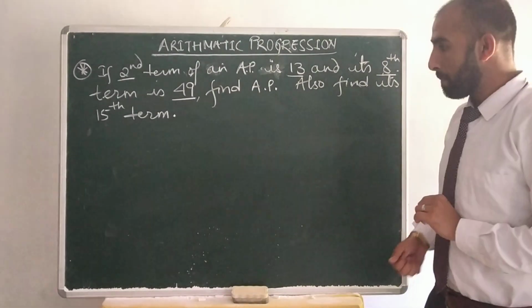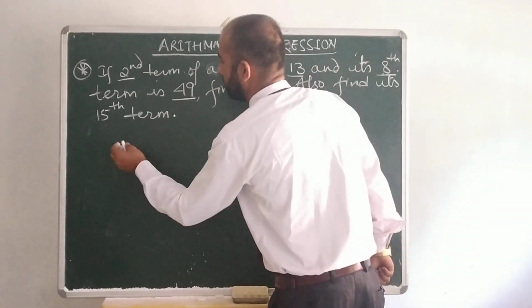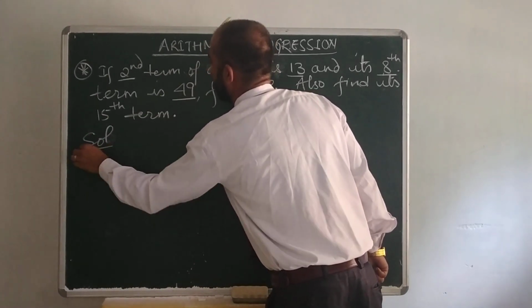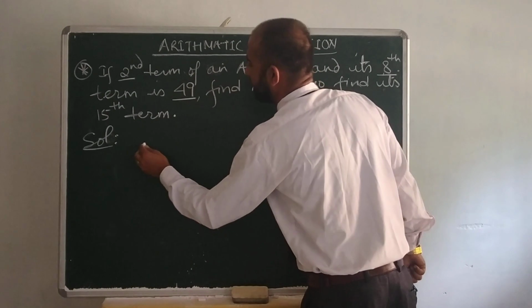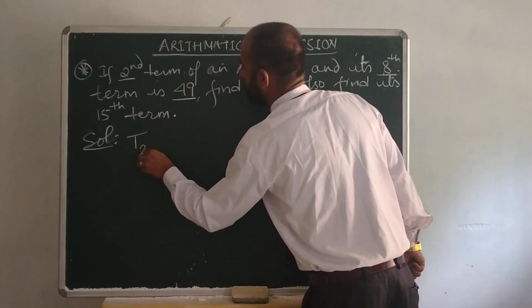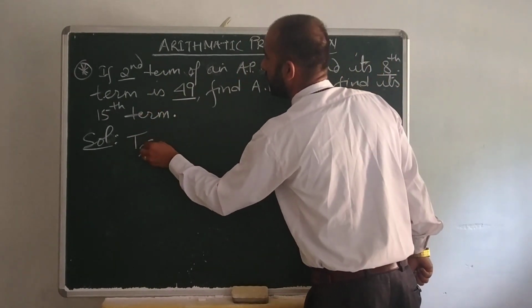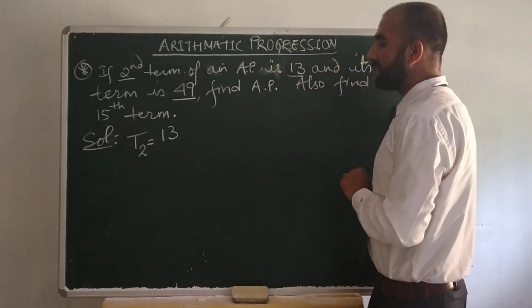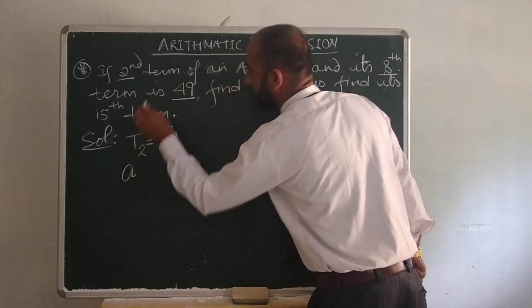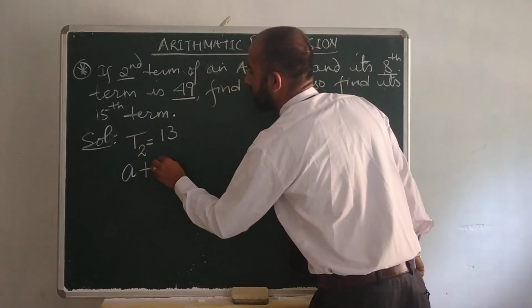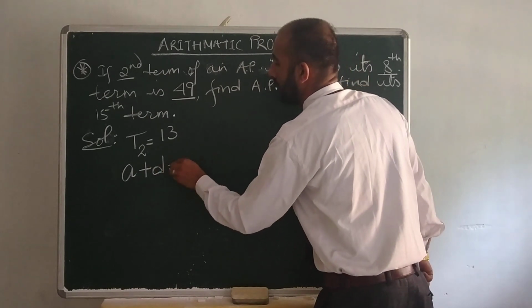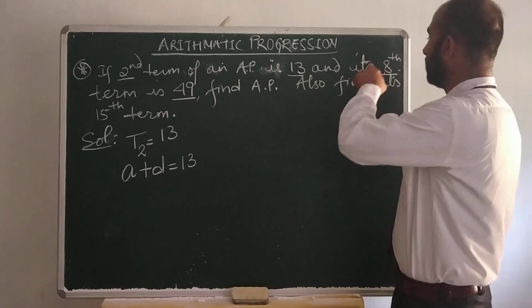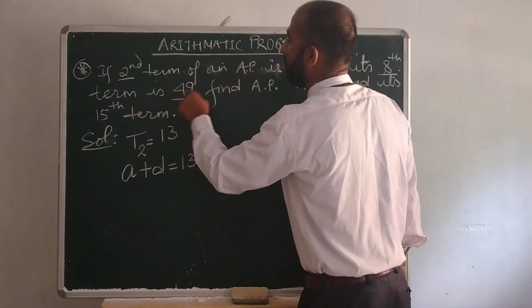Okay, so we are given second term, that is T2. T2 is given 30. So we know that first term plus common difference will give you second term. Okay, and we are given 8th term is 49.